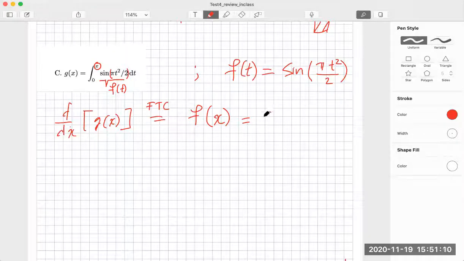So it would be sine of x squared divided by 2 times the derivative of x. Yeah, that's it, right?